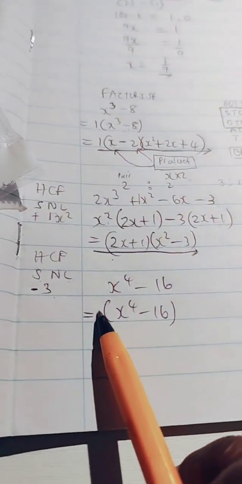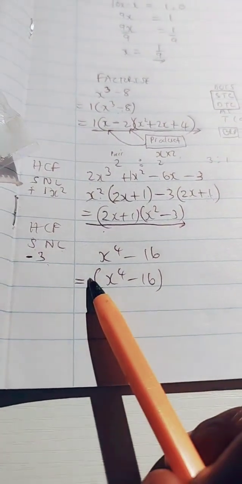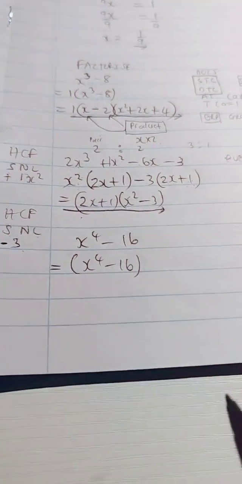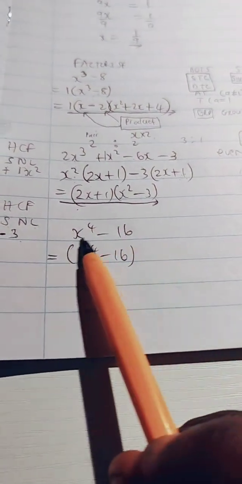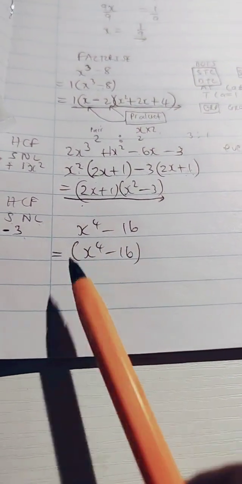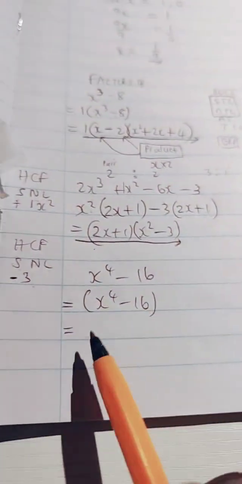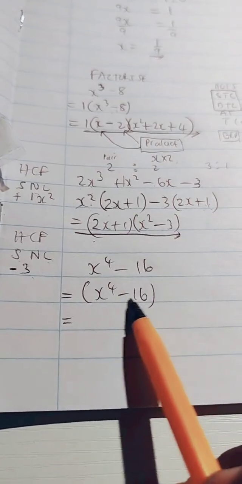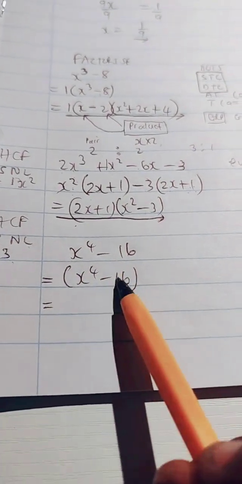So basically we can say x to the power 4 minus 16 in brackets. We know who's outside, we don't have to write him there. He's always present, and he's positive. From 2 terms, we now have 1 term because we've put the 2 terms inside a bracket, taking out the highest common factor, which is 1. Then the question: is there any other type of factorization that can be applied with what is inside?